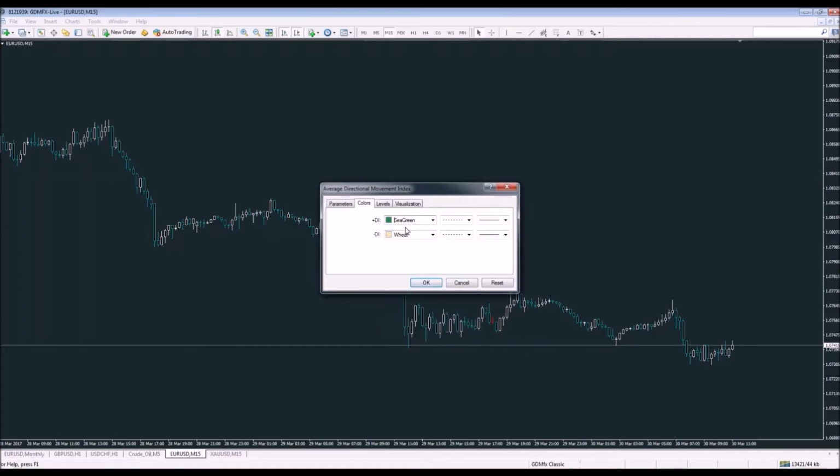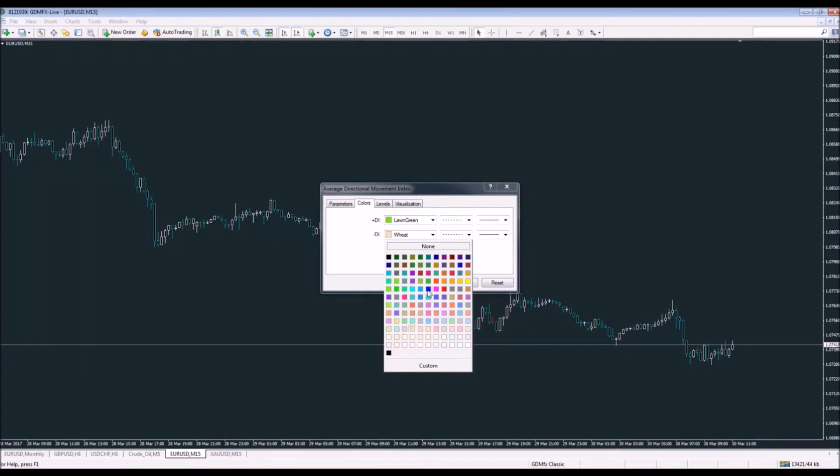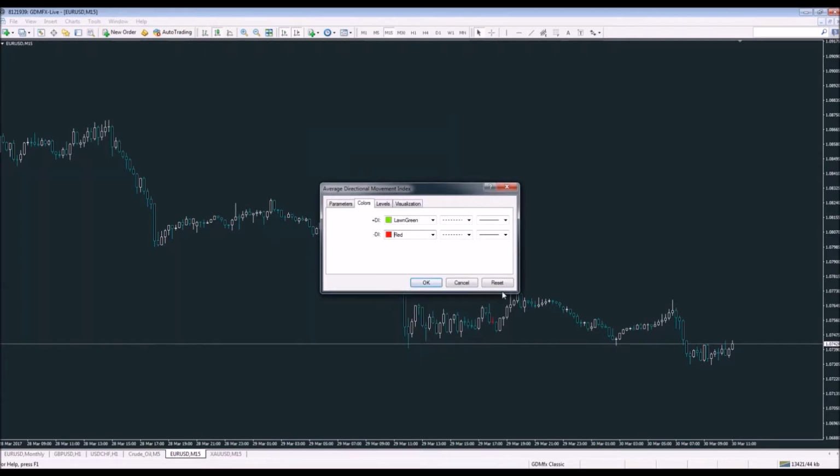For the positive or the upward directional movement index, I'm going to use different settings from the preset default settings. You have different sets. I prefer to use green for bullish direction, red for bearish. The parameters here, we're going to talk about in a few seconds.